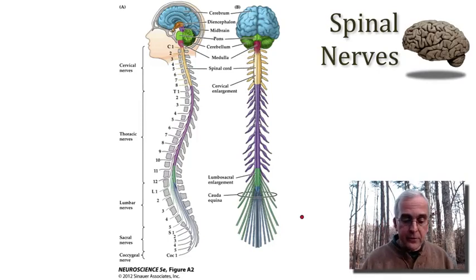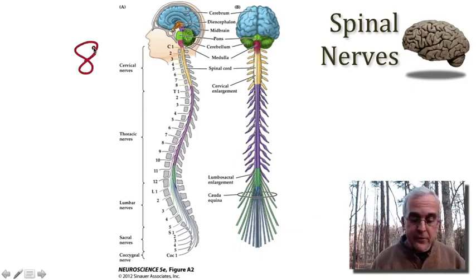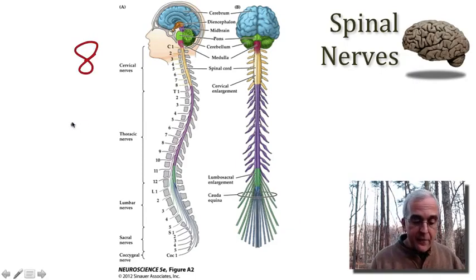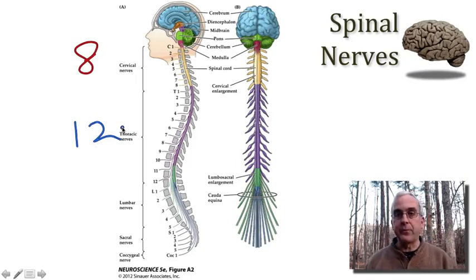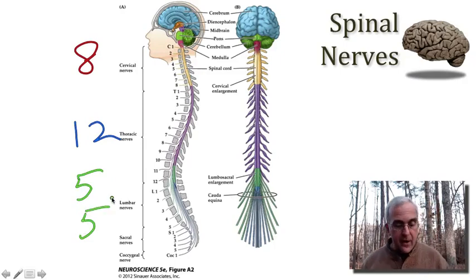So in the cervical region of the spinal cord, we have 8 pairs of nerves that attach. In the thoracic region of the spinal cord, we have 12 pairs of nerves that attach, one on either side, of course. And then both in the lumbar region and in the sacral region of the cord, we have 5 nerves that attach, 5 lumbar and 5 sacral.